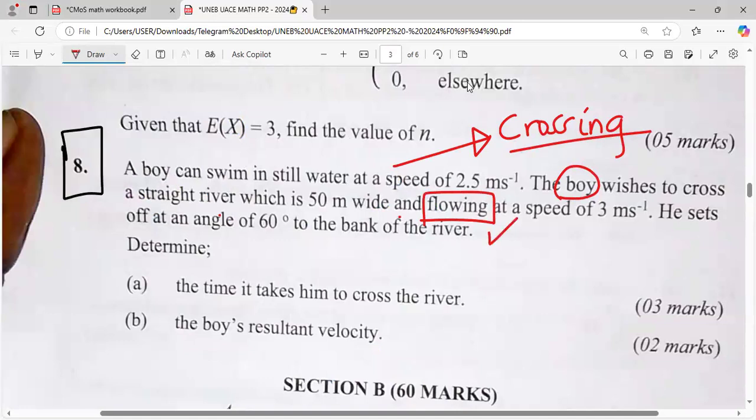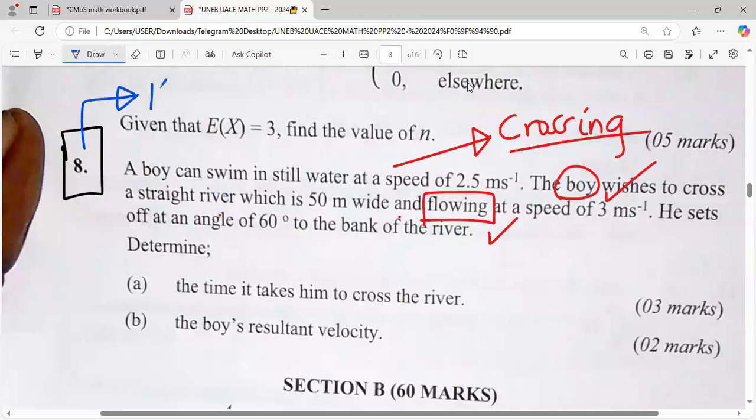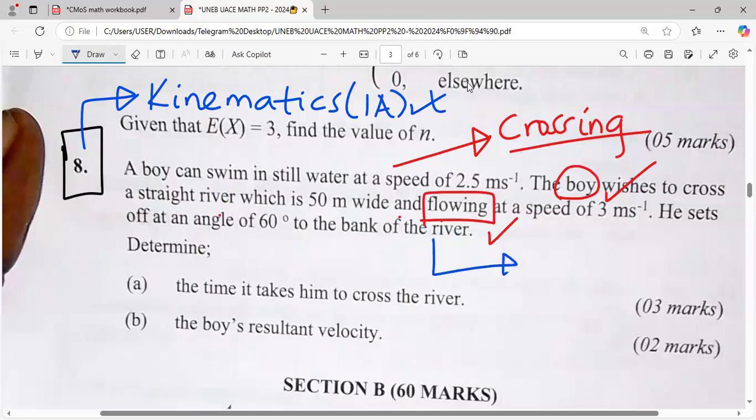That is always relative motion, studying the motion of two different objects. This one was under kinematics, a question in section A, and in this case it is relative motion.